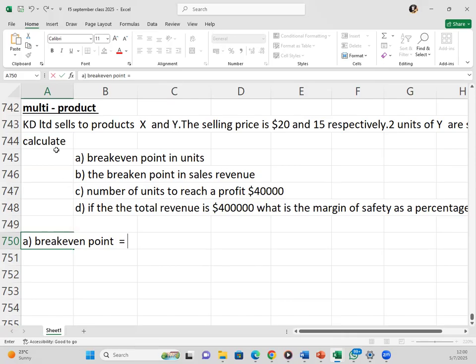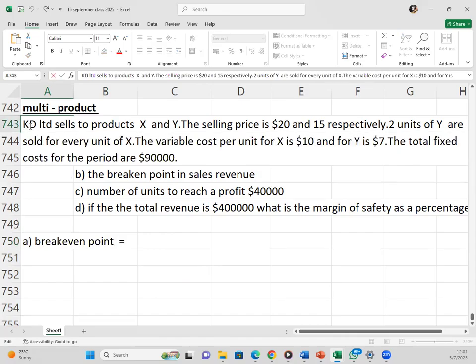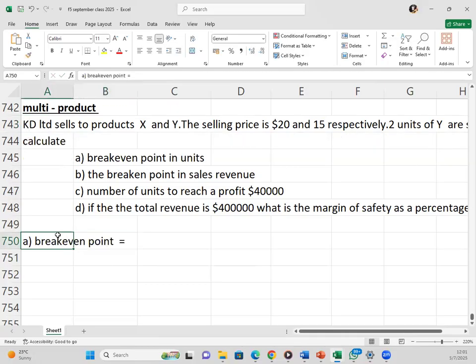If we go to the question, it's 90,000. But we have to divide the fixed costs by the weighted average contribution.